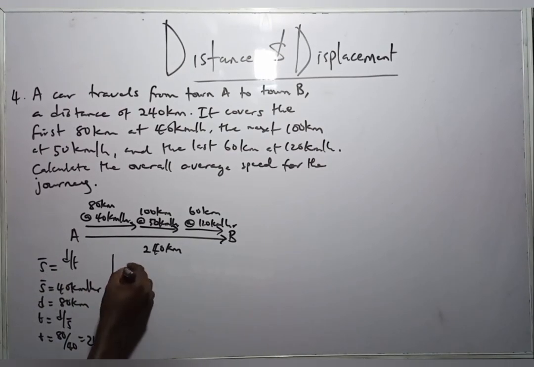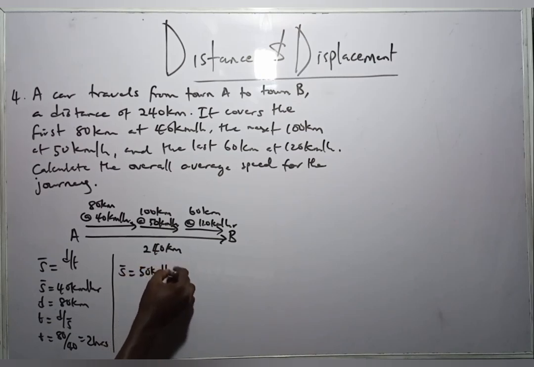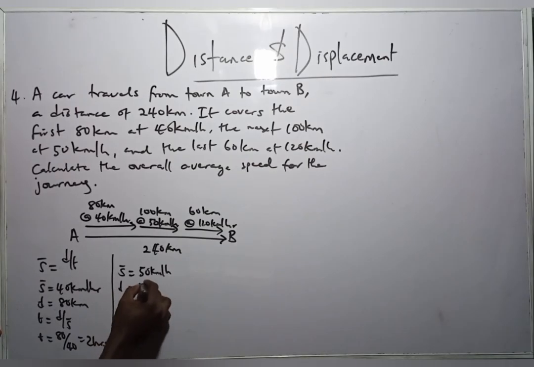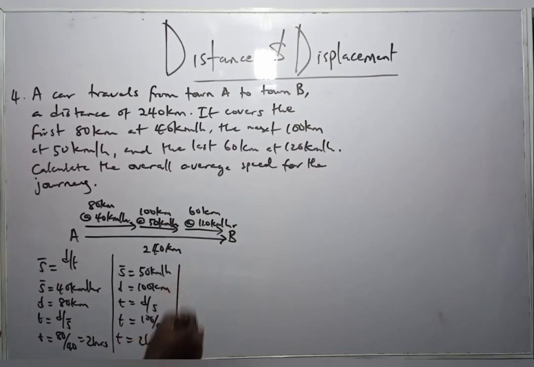The second part of the journey, the average speed is 50 kilometers per hour, and the distance covered is 100 kilometers. The time is distance over speed, so that is 100 over 50. Time is going to be 2 hours.